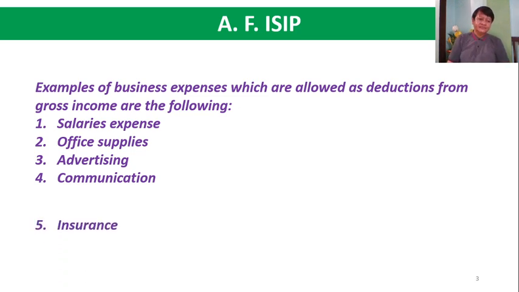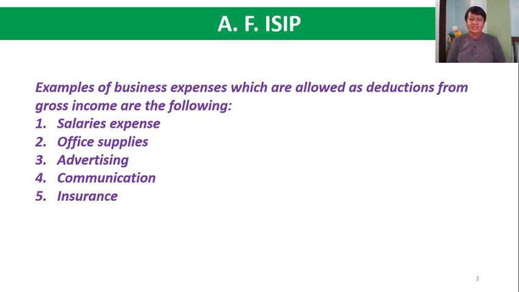Next, insurance. In business, you operate your business using machines, using equipment, using transport vehicles. By this means, you want to prevent possible risk in case of machine breakdown.